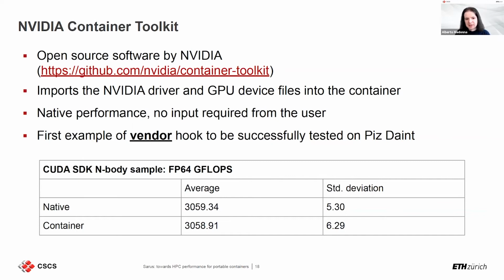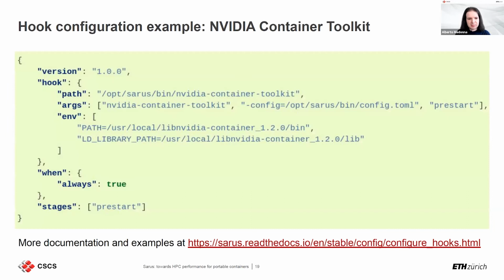If you are wondering how these hooks can be configured, this is an example of the JSON file that Sarus requires you to create. So, for example, in the case of the NVIDIA Container Toolkit, once you get the NVIDIA software, you just have to write a file like this one.